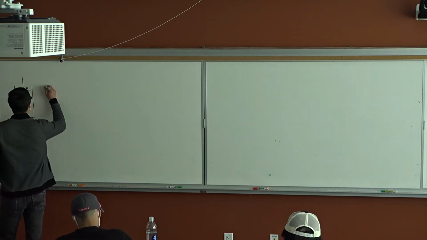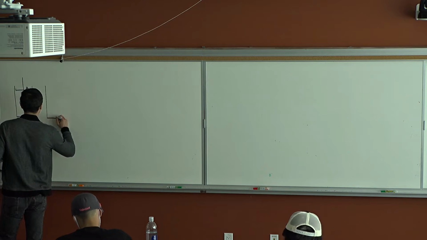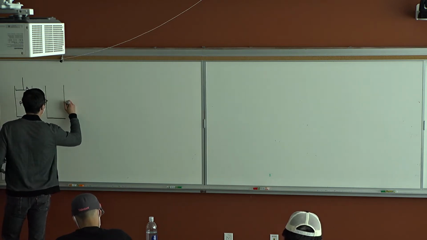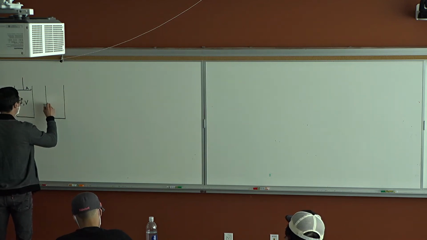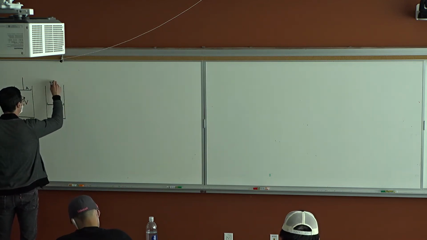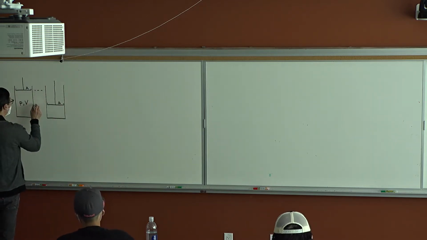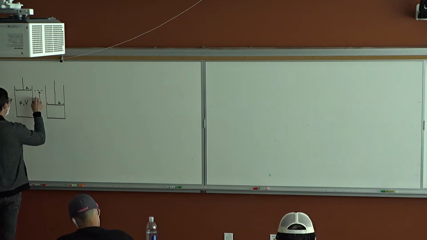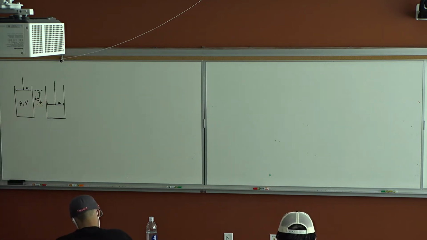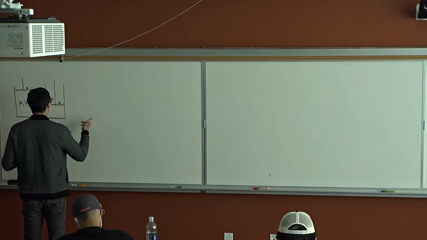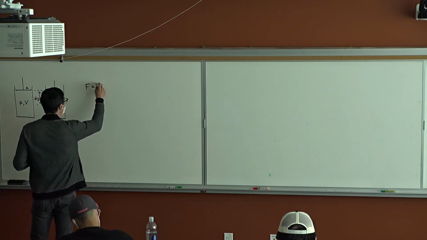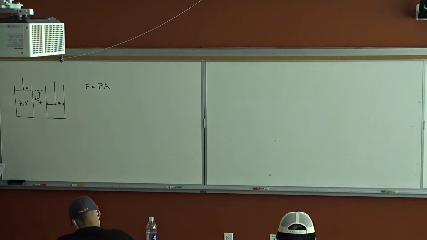The plunger has cross-sectional area A. If we take said plunger and drive it down through some displacement dy. We've previously been okay with this idea that force owed to pressure goes as pressure times the area subject to that pressure.